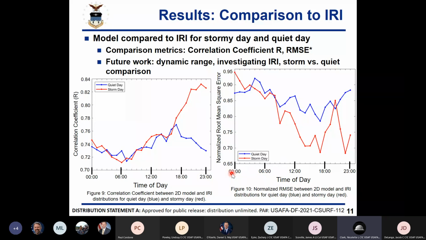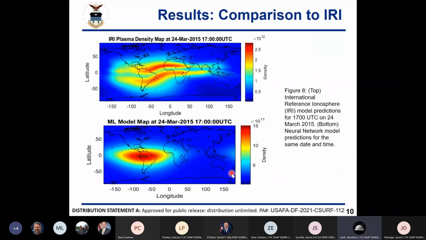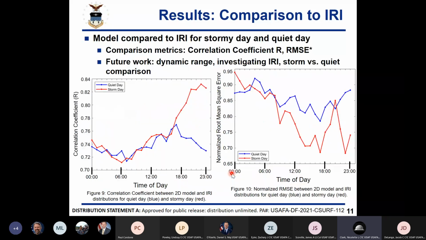So just like I showed on this previous slide, we have here a pair of IRI and model predictions that are matched at the same time. We created these types of distributions at hourly intervals over the stormiest day and the quietest day. And then we compared those pairs of distributions using the correlation coefficient and also the root mean square error.